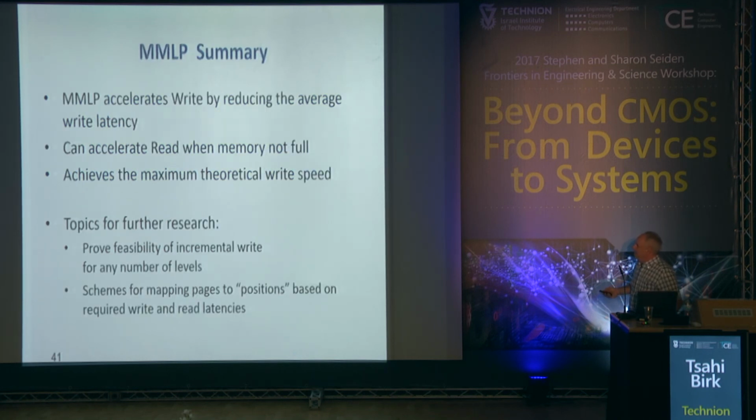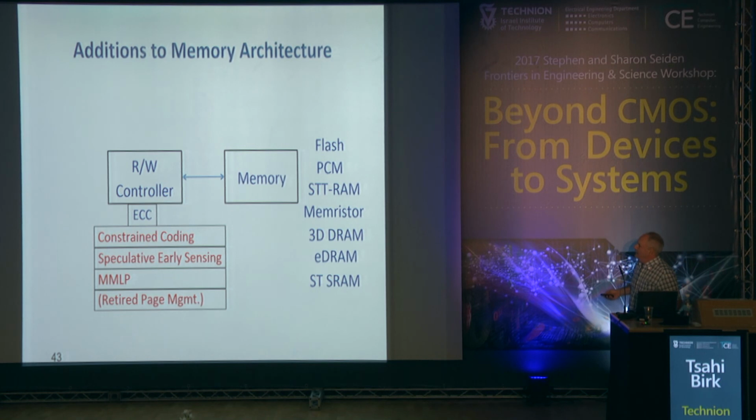So in summary, I think I summarized that. The things you heard, we basically added at the controller level: constrained coding, speculative early sensing, MMLP, and something else I didn't talk about, retired page management. This is a teaser if people want to hear about it later.